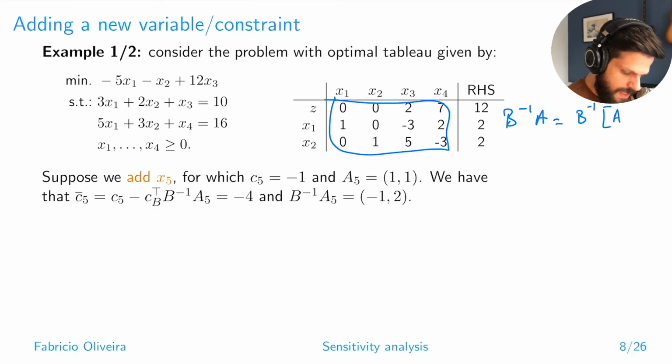Let's call it A original and a matrix I. So this part here is B minus 1 original, because my B minus 1, which is the inverse of my current basis B, is formed by variables 1 and 2.